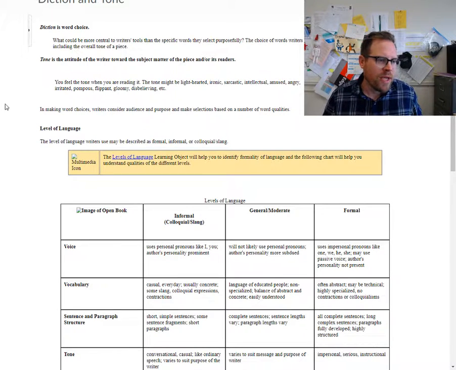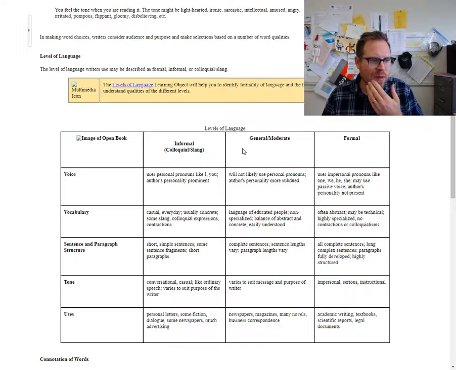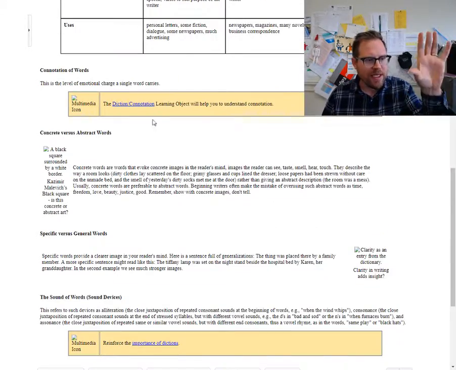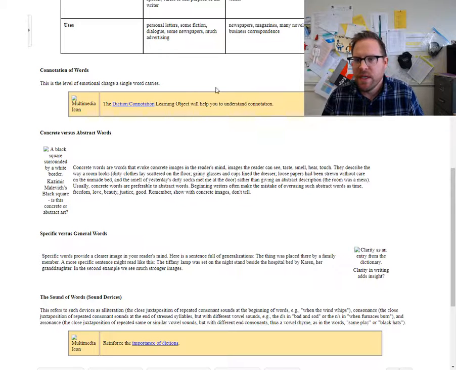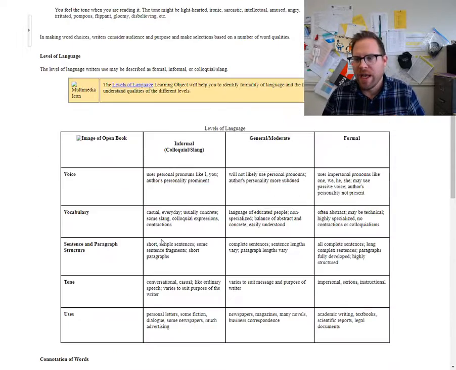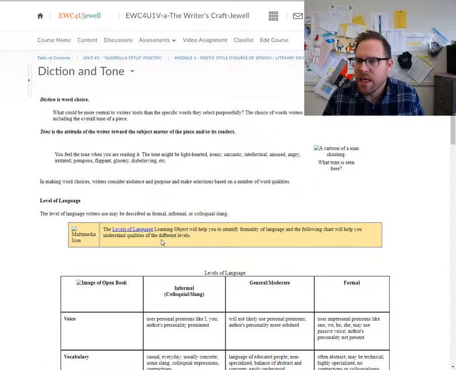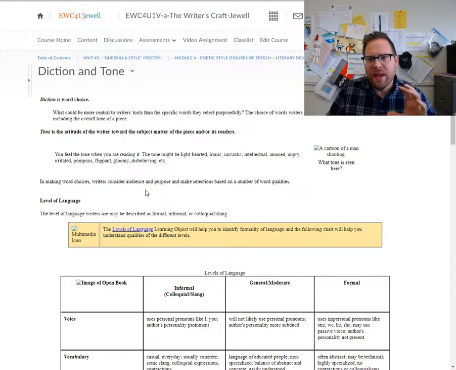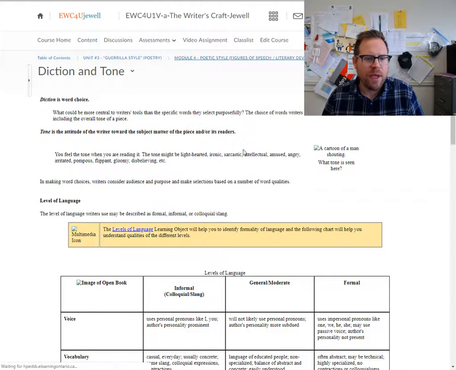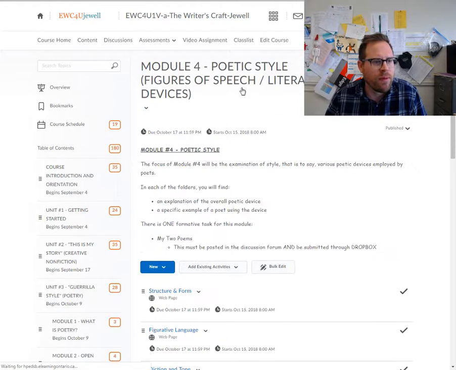When you're getting into diction and tone, just do a quick examination of these pieces, looking at exactly the manner in which they offer and highlight the key ideas in poetry, and everything's going back to that sense of theme. So these are important as well for you to be working through.